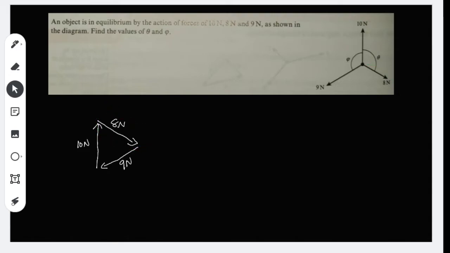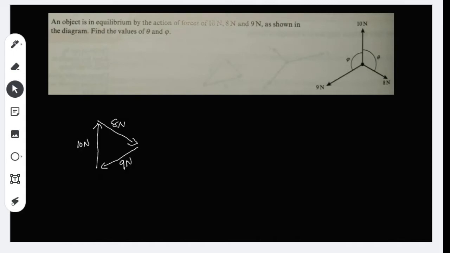Next, your 10 Newton is going to the north, so that's why it's going to the north. Your 9 Newton is going southwest, so here it's still the same. So what we did is we just combined the three forces so that we will be able to form a triangle. With this, we can make use of the triangle of forces.